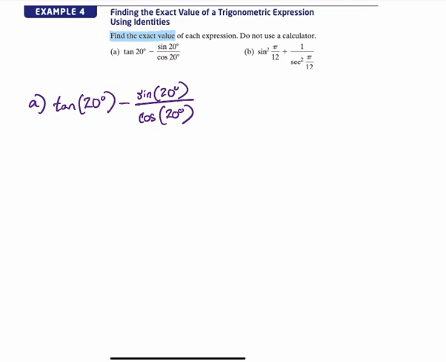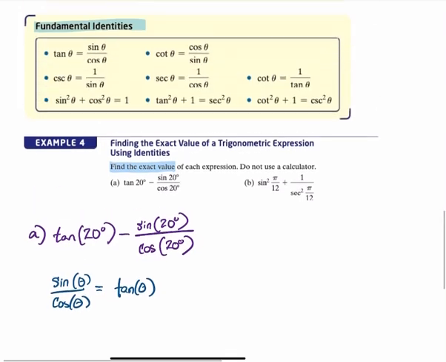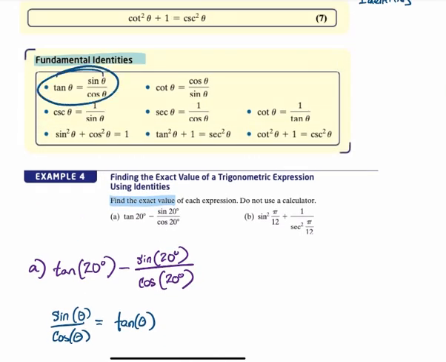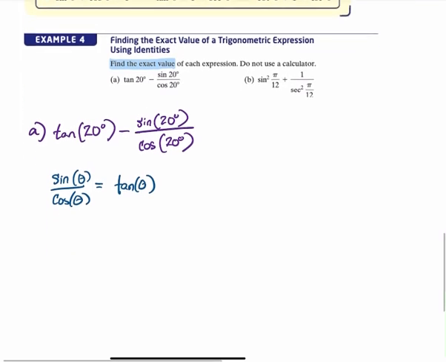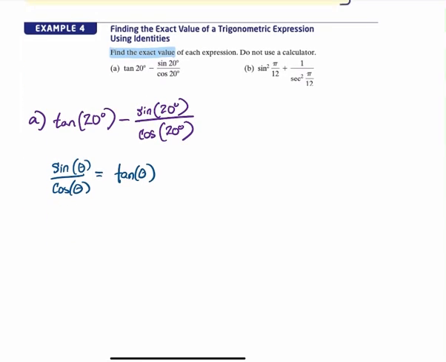So we have the tangent of 20 degrees minus the sine of 20 degrees over the cosine. Well, I know that sine over cosine is equal to the tangent. That's using this one. So the sine of 20 degrees over the cosine of 20 degrees equals the tangent of 20 degrees. Or we could also say that the tangent of 20 degrees is the sine of 20 degrees over the cosine of 20 degrees. We can look at it from either way.